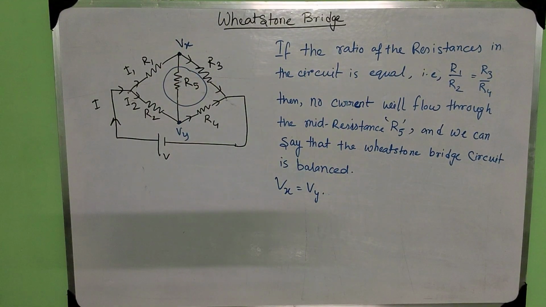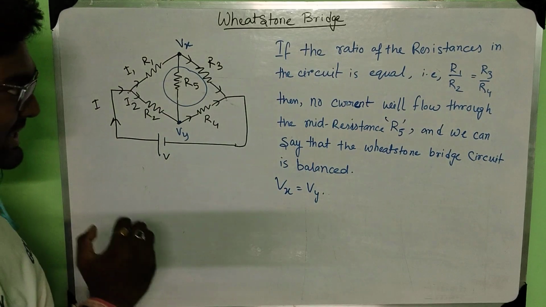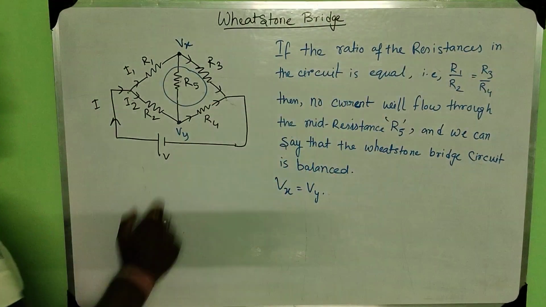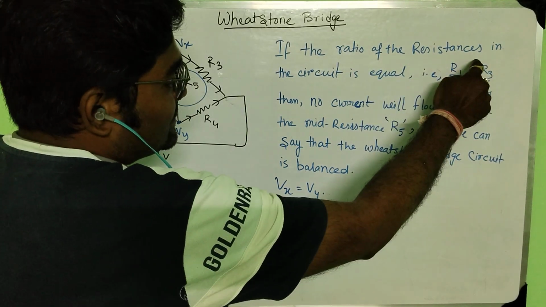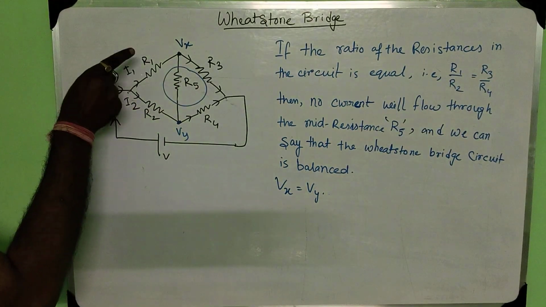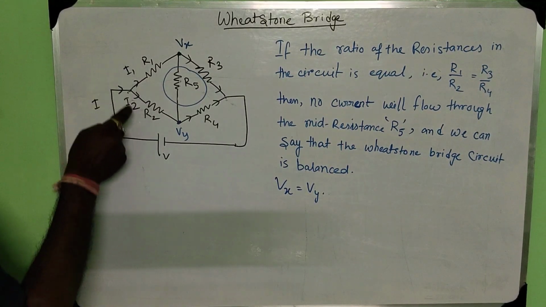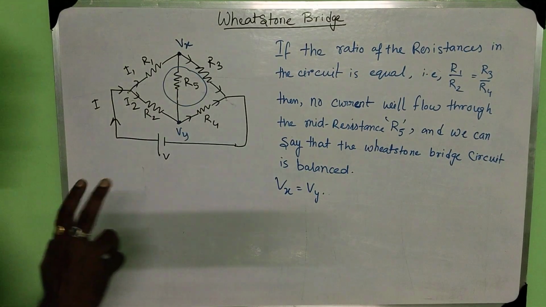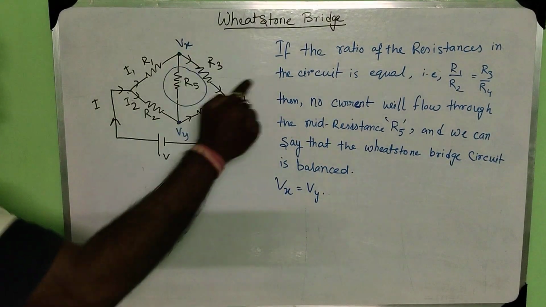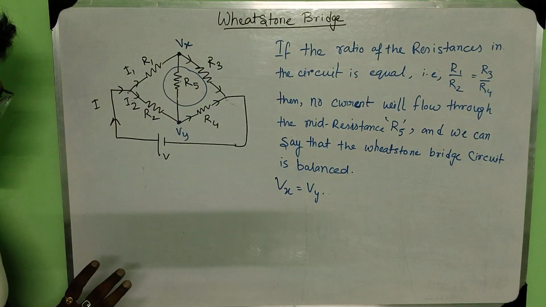Very important concept. So what is the Wheatstone bridge principle? It says that if the ratio of the resistances in the circuit is equal, that means R1 by R2 is equal to R3 by R4, the ratio is the same, then there will be no current flowing in this branch.